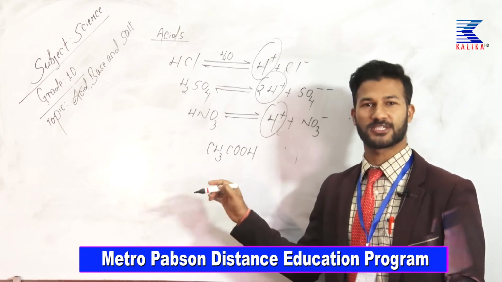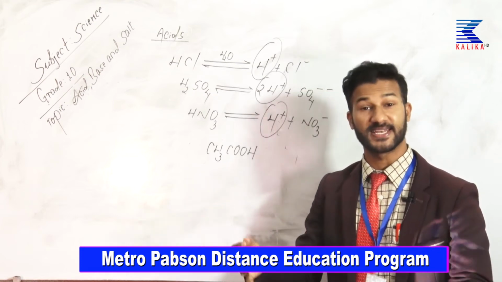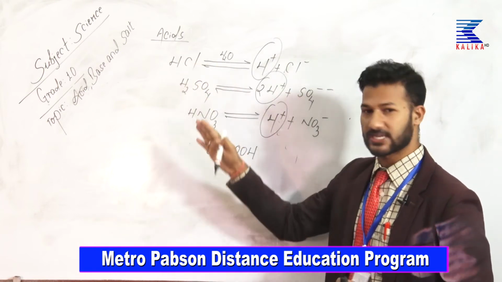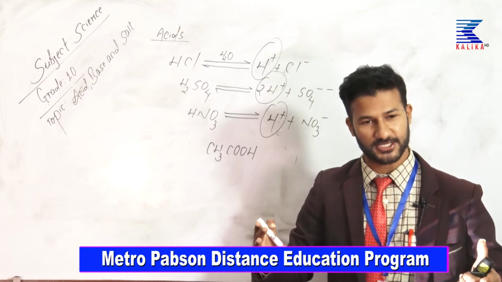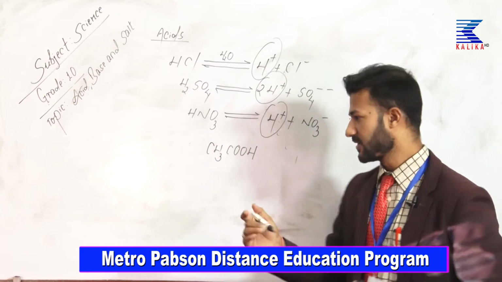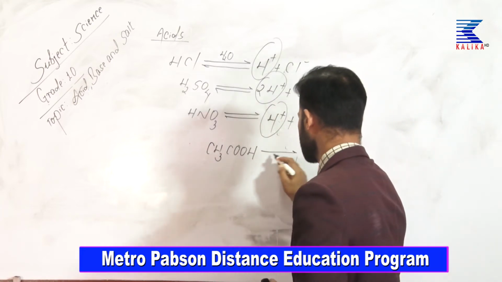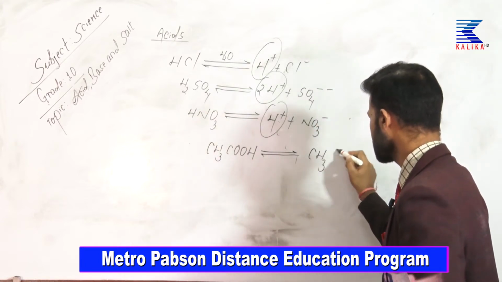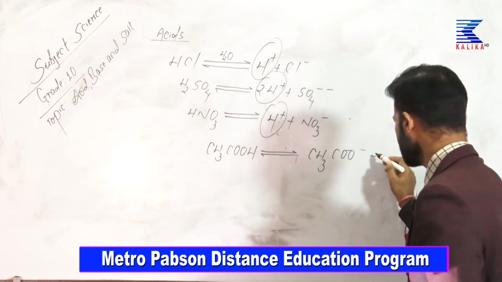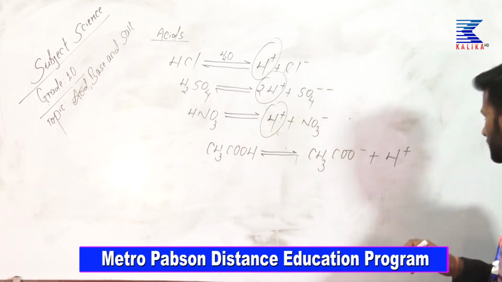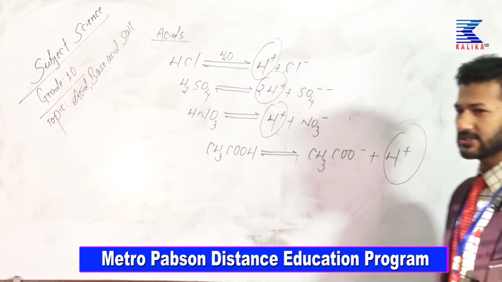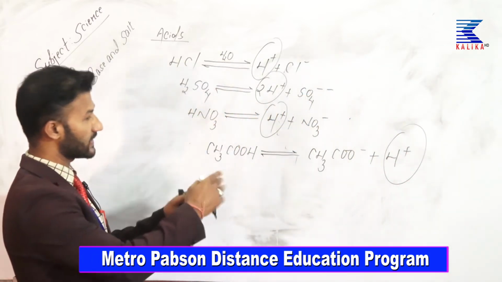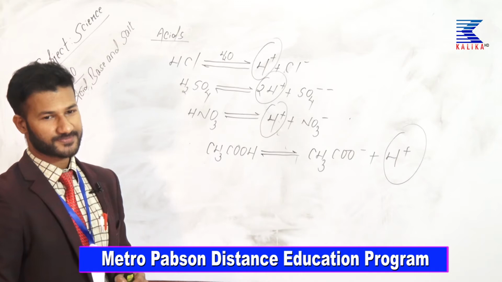It also produces hydrogen ion, but quite less in water than these mineral acids, which are very strong. See here, CH3COO minus plus H plus. Look, hydrogen ion is anyhow produced because these are acid chemicals.